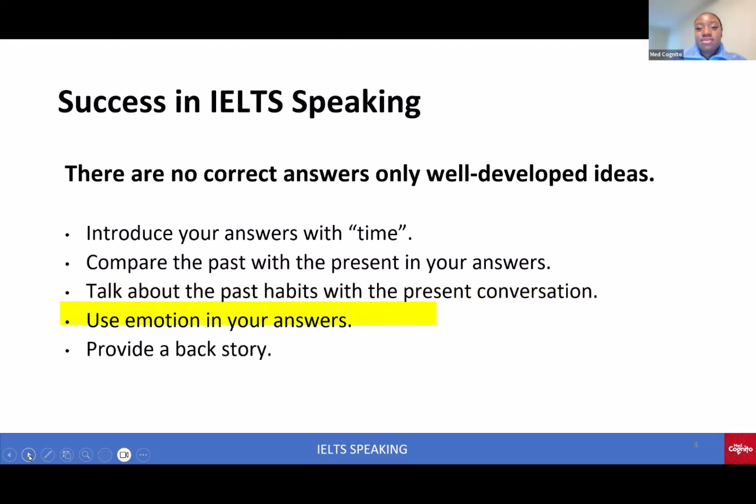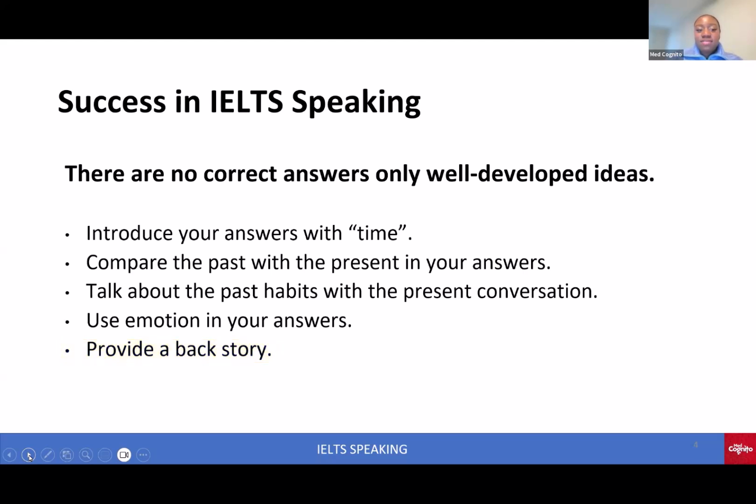The next one is using emotions in your answer. So that way you can evoke emotion from whoever is testing you, and also the emotion that you bring to your answers will help convey a particular message. And one of my favorites is providing a backstory, but a backstory that is accurate and within the time constraints that you have for the speaking test.